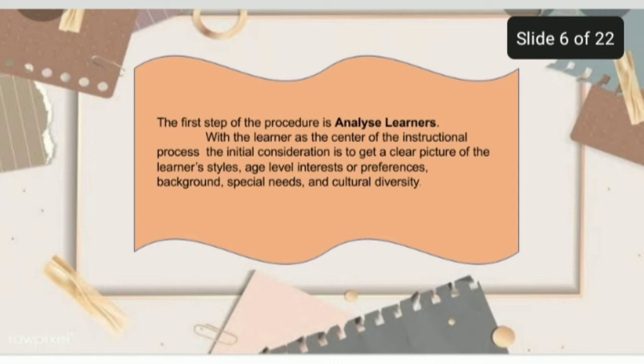So here in Analyze Learners is identifying what kind of learners you will have. Like where are they comfortable? What is their interest? What do they need more to learn? And to come up easily with the discussion.